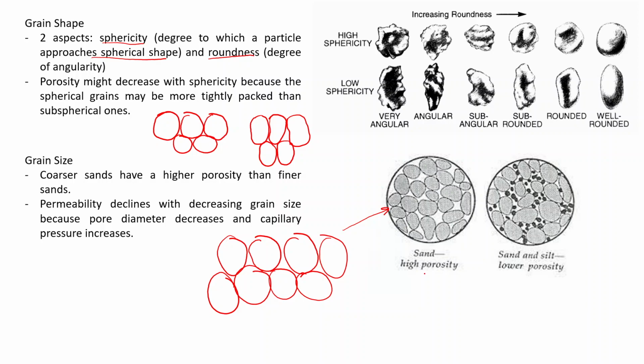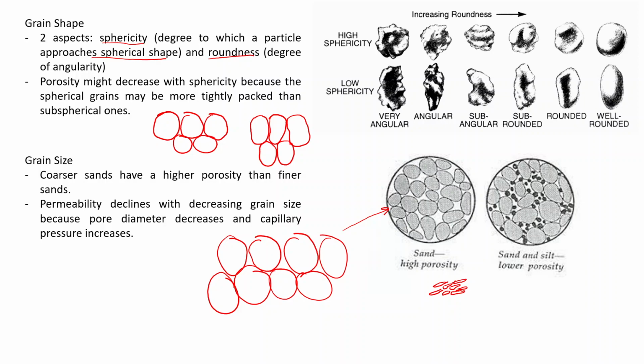Over here you can see that the coarser sands have higher porosity, but the finer sands or the silt have lower porosity because they tend to get mixed in the intergranular spaces and reduce the porosity, while the permeability declines with decreasing grain size because pore diameter decreases and capillary pressure increases. So what happens over here, if you have very small grain sizes like this, the interconnectivity between the pores might be very less.